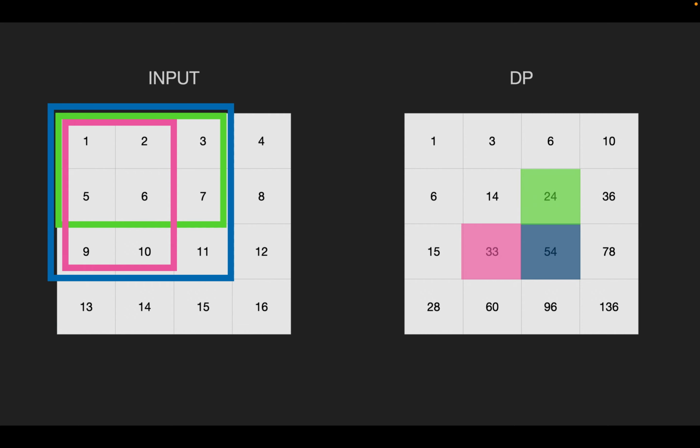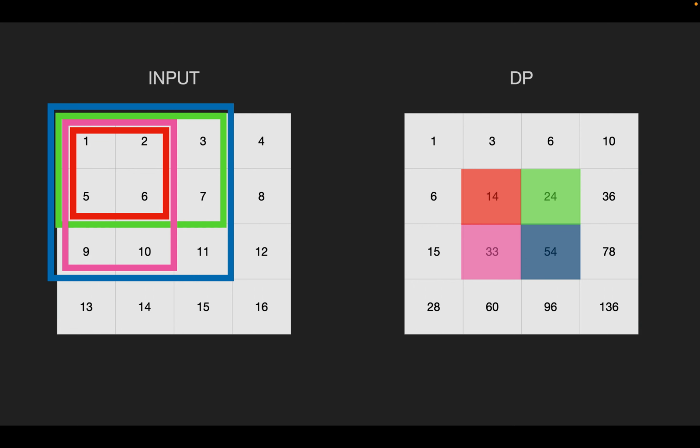So we'd be double counting 1, 2, 5, and 6. So what we can do to fix that is then subtract it once. So 1, 2, 5, and 6 cause a problem, but I can just subtract 14. So 33 plus 24 minus 14.